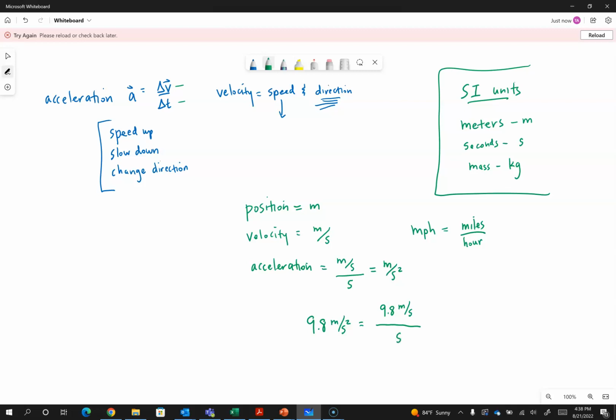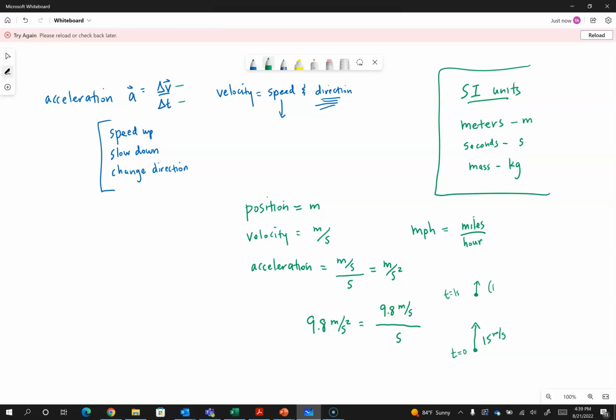So if I threw a ball upwards at 15 meters per second, I would call this time equals 0. After 1 second, so at time equals 1 second, the ball will still be moving upwards. It will have slowed down.